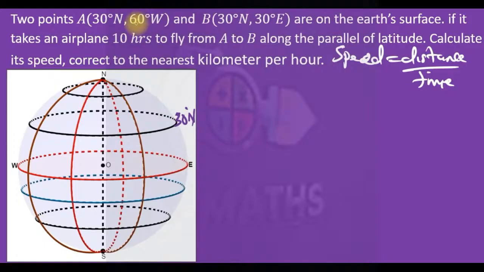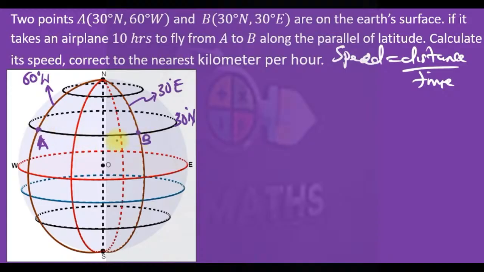This is longitude 60 west, while this, let me take as my longitude 30 east. As you can see, both have a common latitude. This is point A, while this is point B.